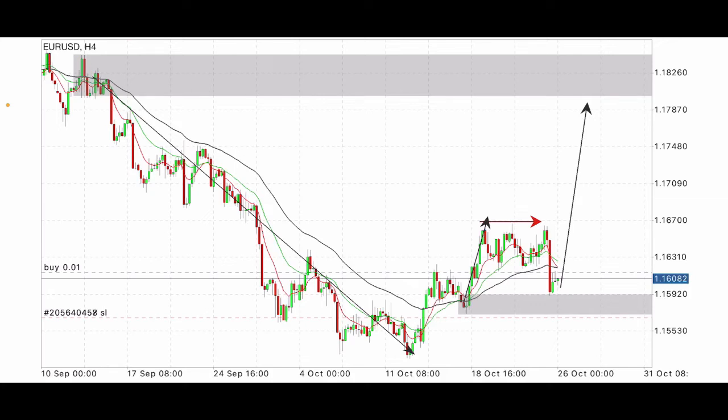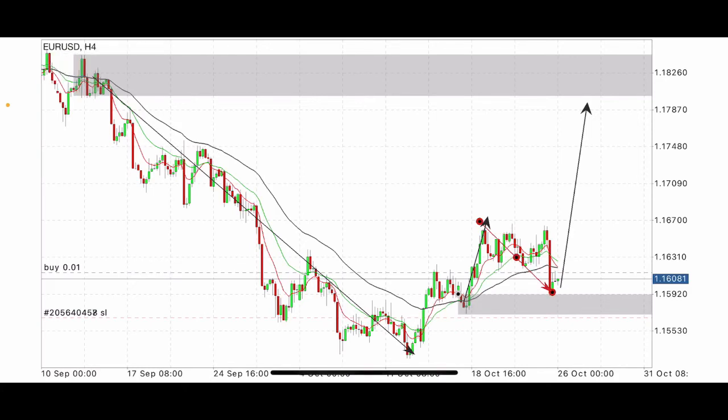So now what we expect is for price to go up, to break this current higher high, which is indicated by the red arrow, to give us a new higher high, and then our new low will be this area right here where I'm pointing with the red arrow.